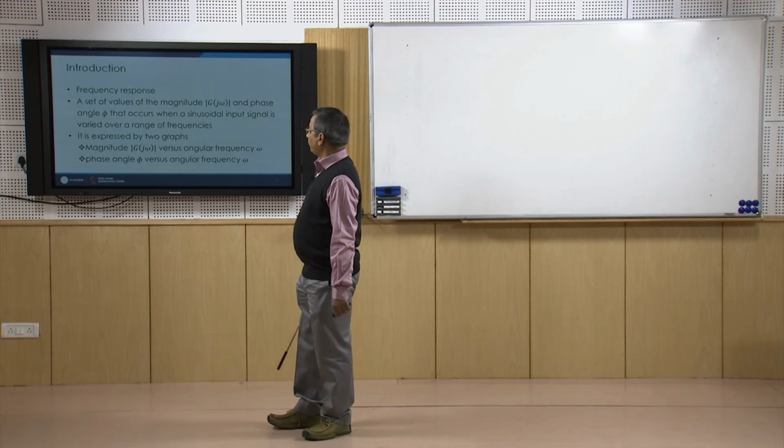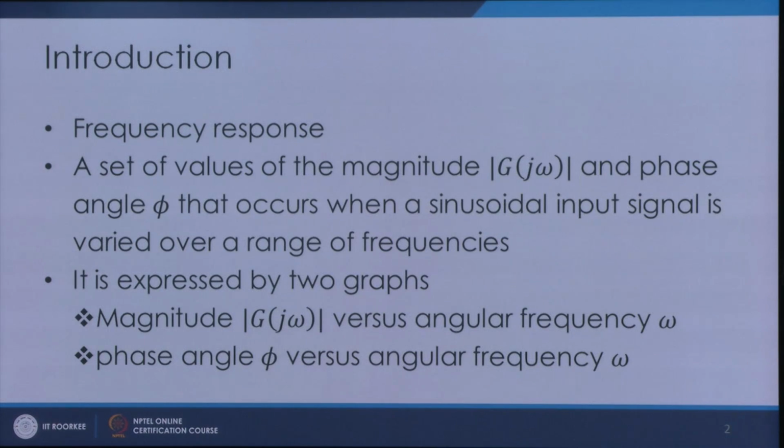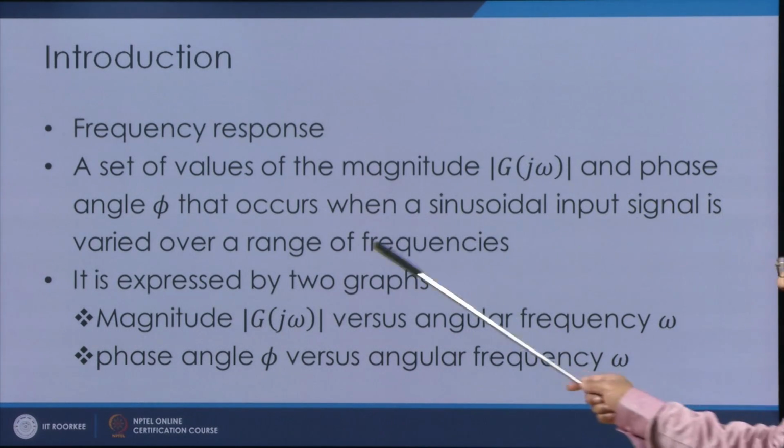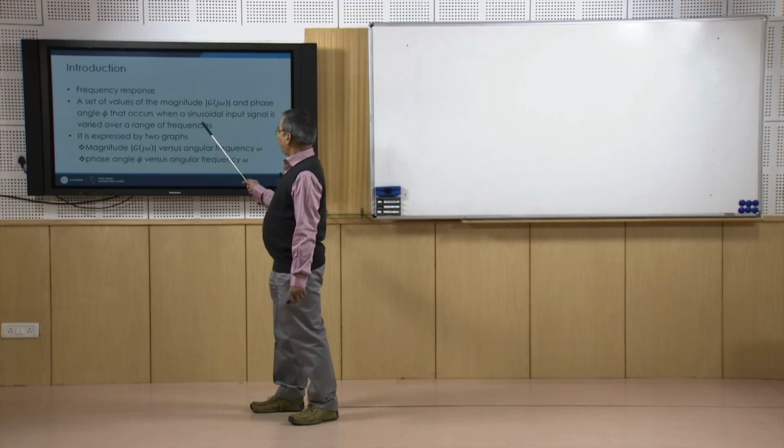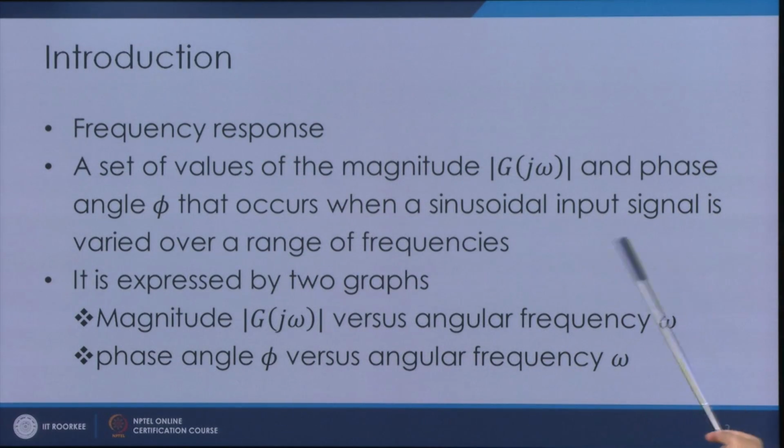The frequency response, as we can talk about, is that if we plot a set of values of the magnitude, say |G(jω)|, and a phase angle φ that occurs when a sinusoidal input signal is varied over a range of frequencies.